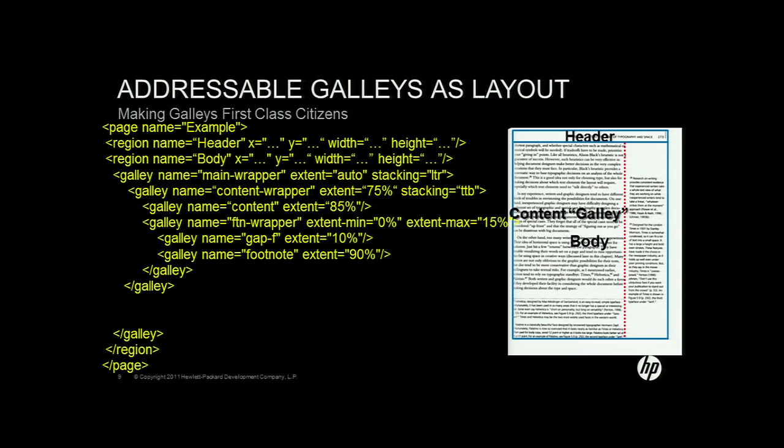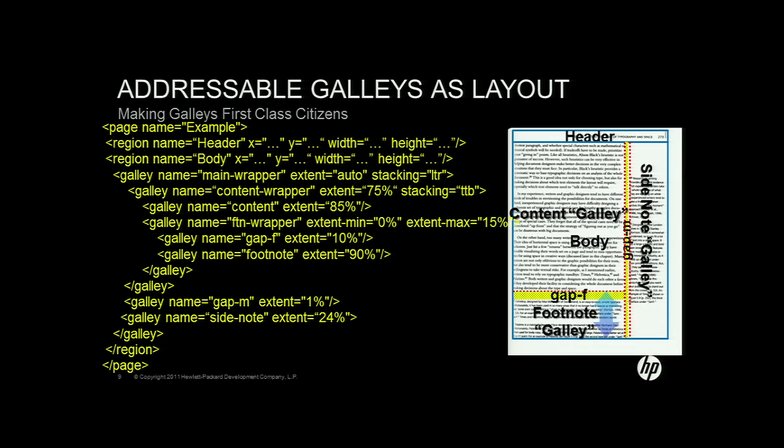So the footnote can be expressed using a wrapper. I can have an extent that is variable. Then I have a gap, which I use to separate my main content from my footnotes, and then I have a footnote galley. In this example, I use 10% for the gap and 90% for whatever the footnote is. But also, I can say that my galley can expand, and I can now fix the maximum expansion.